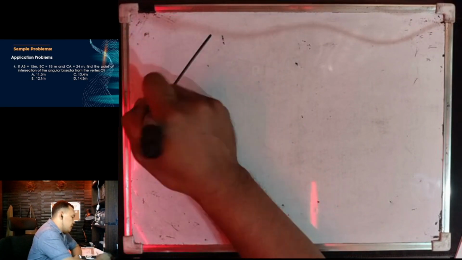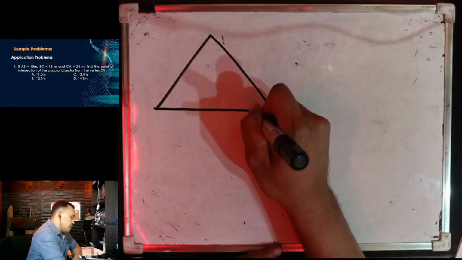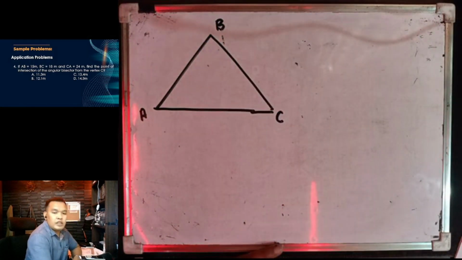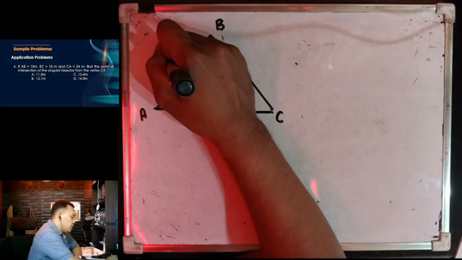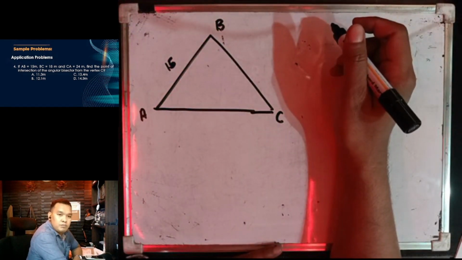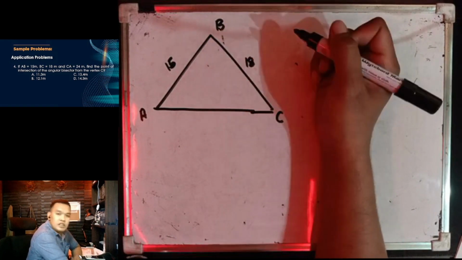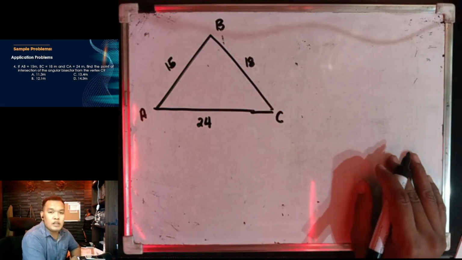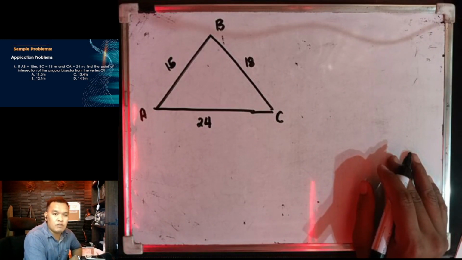We have here A, B, and C. Based sa problem natin, si AB is 15, si BC is 18, and si CA is 24 meters.